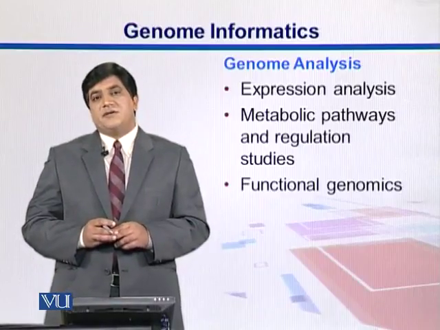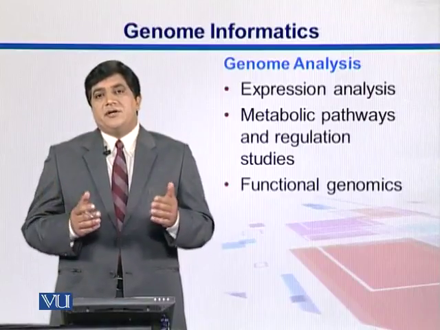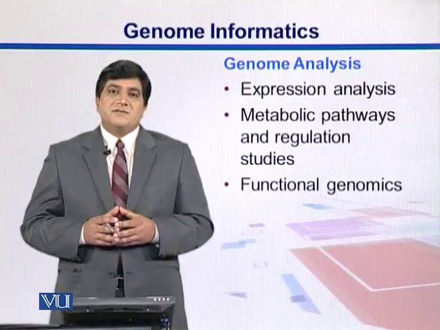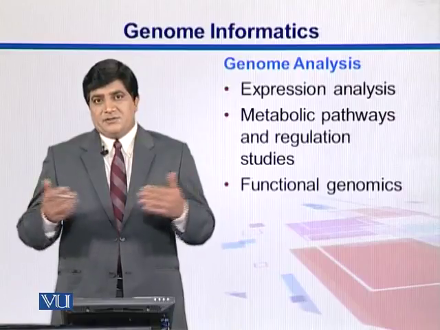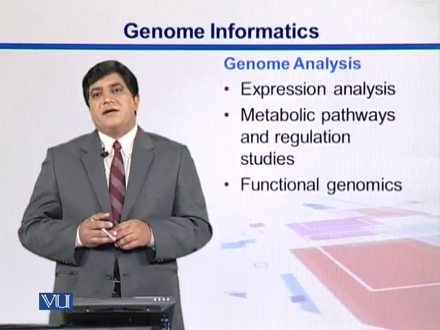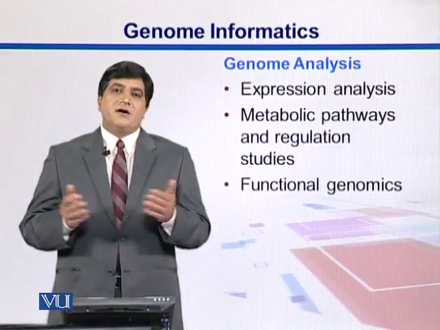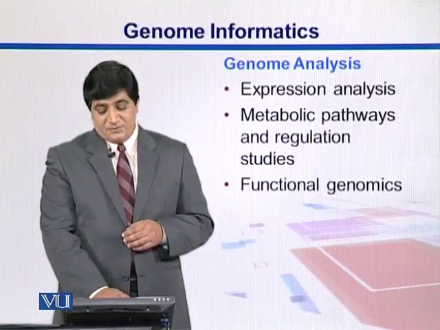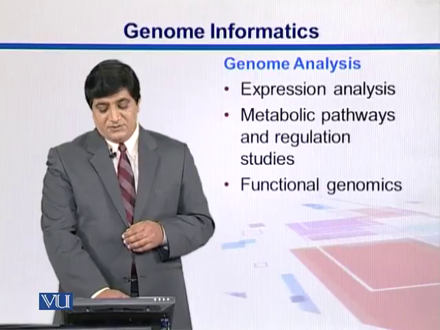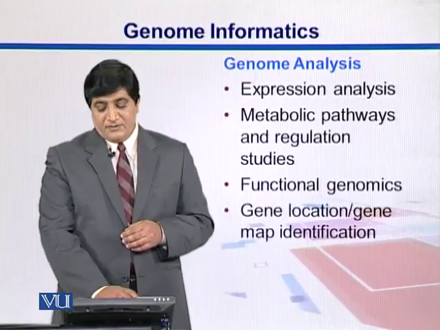Functional genomics is where we are actually looking into the different functions performed by different regions of the genome under the control of different genes, and what is the effect of changes in those genes, specifically if we want to study the genes related to diseases.